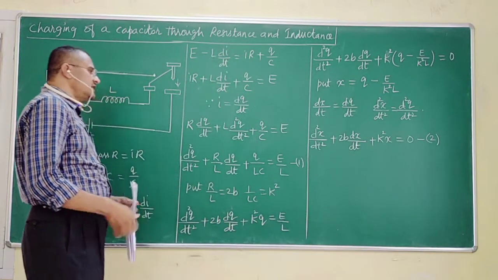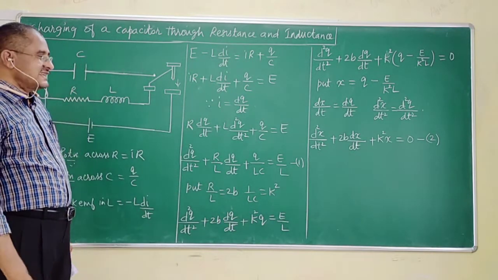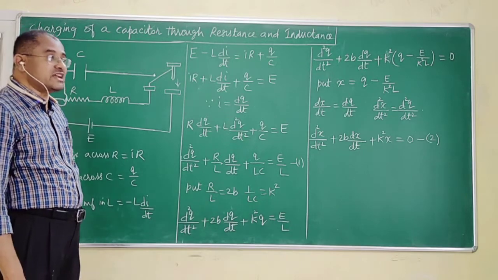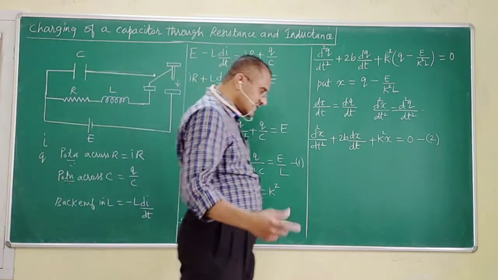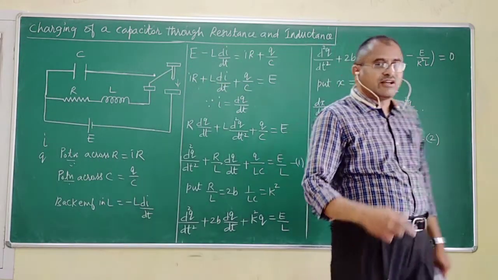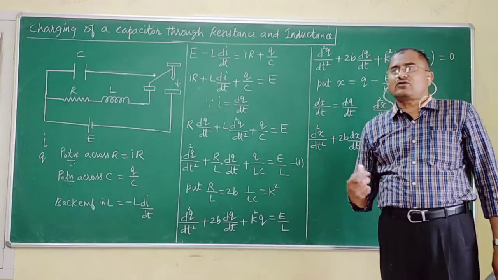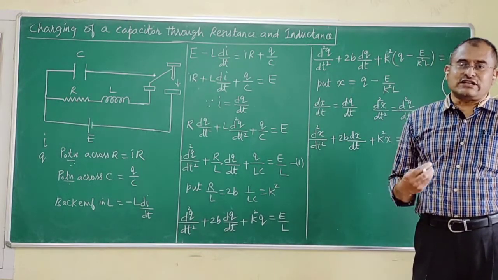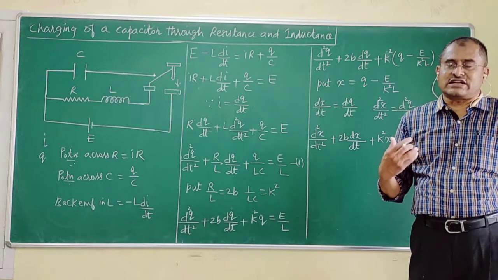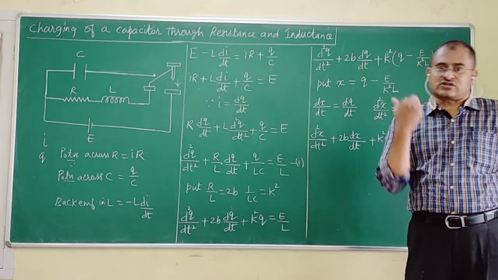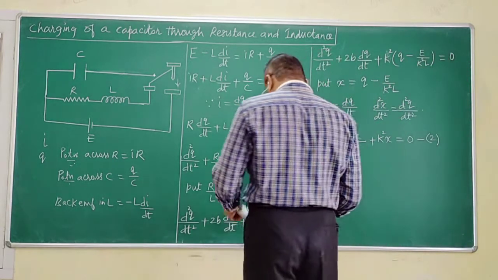And you can see equation 2 is a second order differential equation. In allied mathematics, you would have been taught how to take a trial solution for such a second order differential equation and then solve it. We are going to follow the same thing.